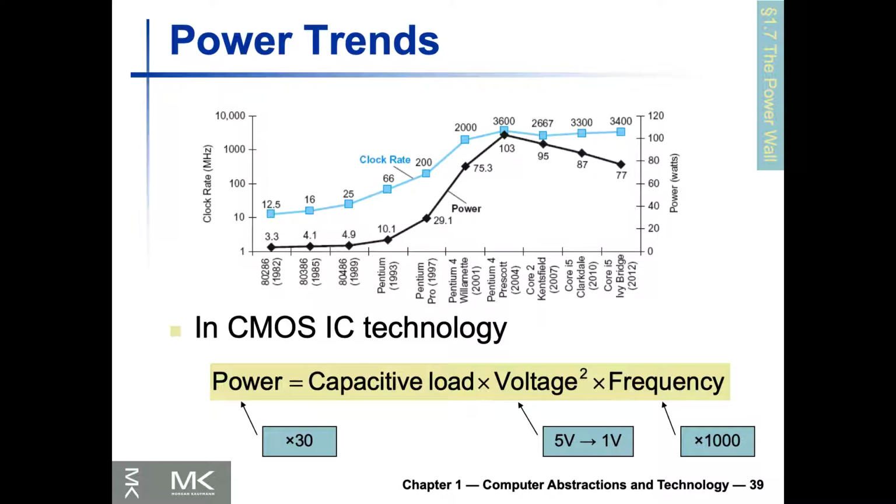So the dominant technology for ICs is actually CMOS, and for CMOS, the primary source of energy consumption is dynamic energy. Dynamic energy is the energy it takes a transistor to turn itself from 0 to 1 or 1 to 0.